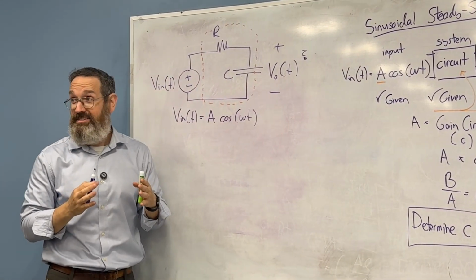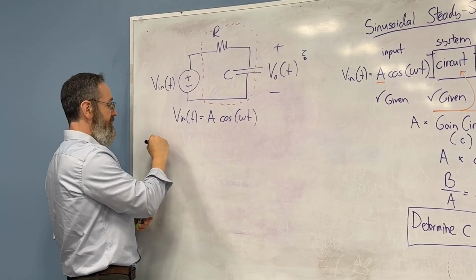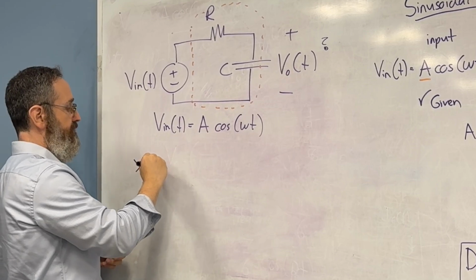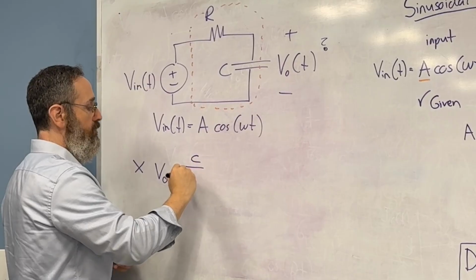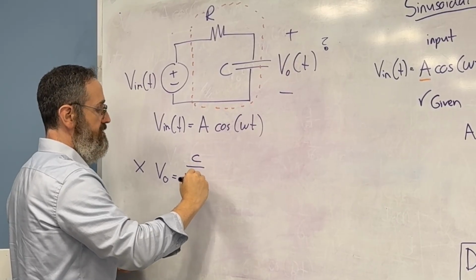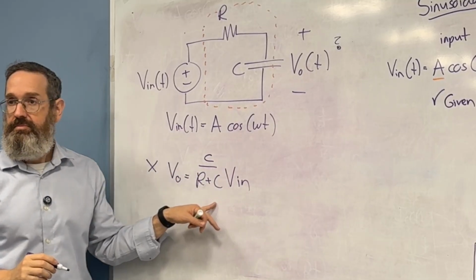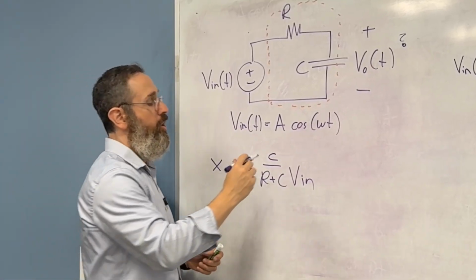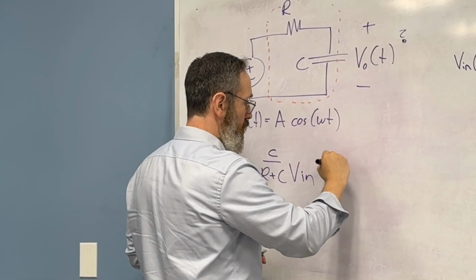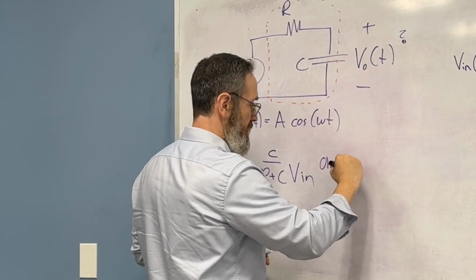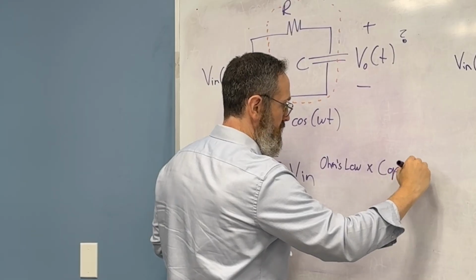Now, as I went through last time, here's what you can't do. You cannot write that V out is equal to C over R plus C times V in. You cannot do that, because Ohm's law does not work for capacitors.